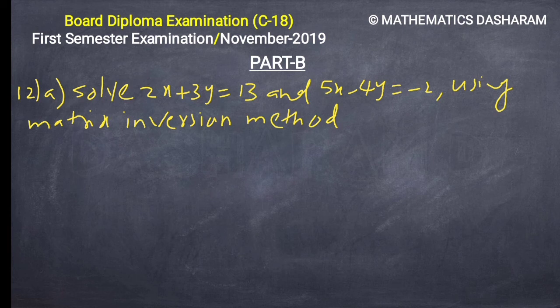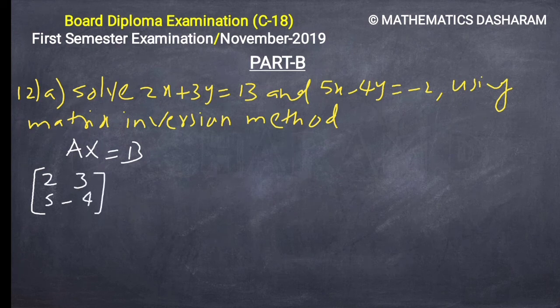First of all, let's write the given equations in matrix notation form, that is Ax equals B. Here A means the coefficient matrix, so the coefficients are 2, 3 and 5, minus 4. X means the variable matrix, so x and y. B means the constant matrix, 13, minus 2.